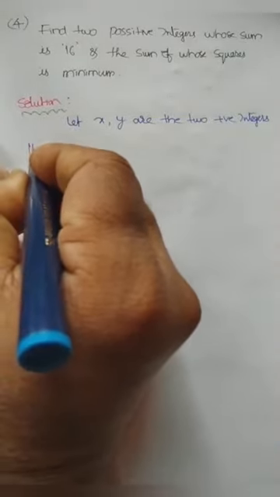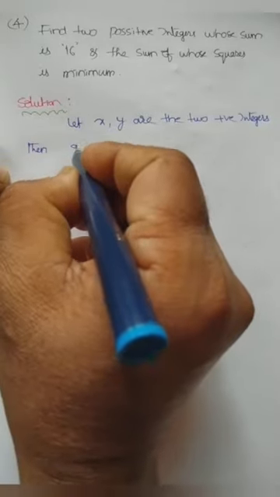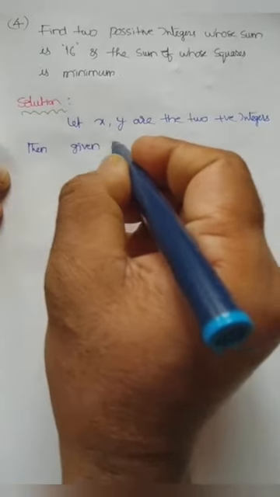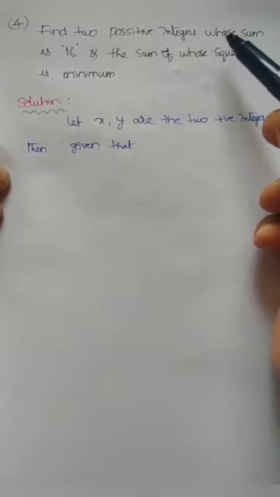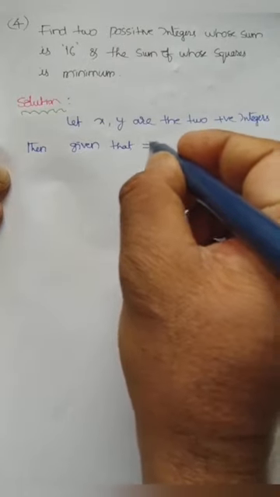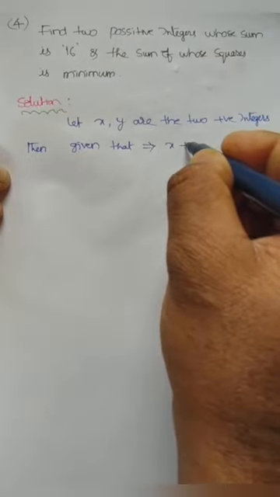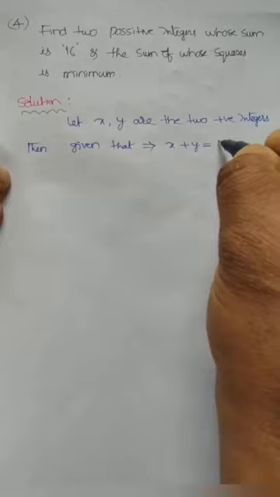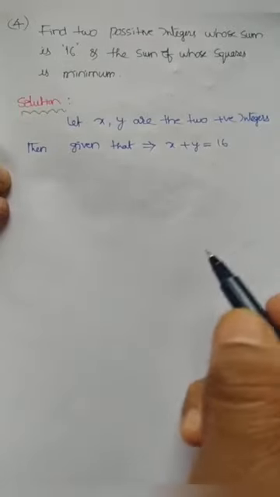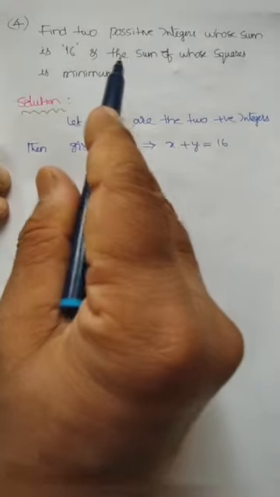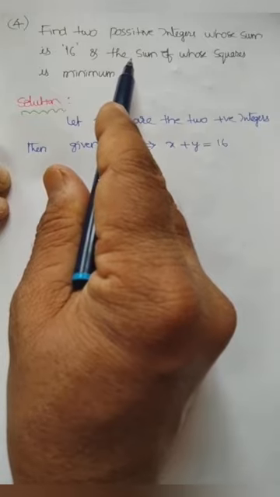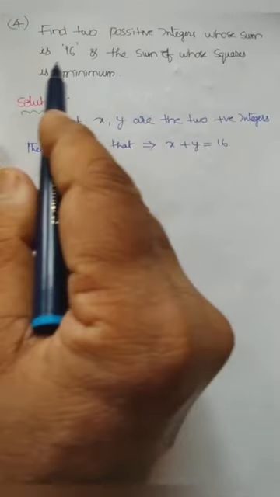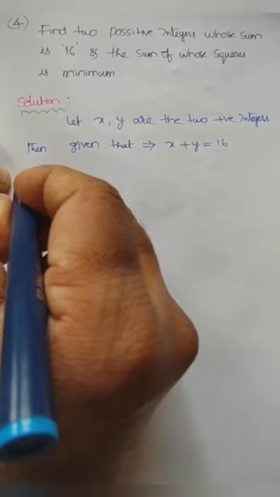Then given that the sum is 16, it implies the sum of the two positive integers, x plus y, is equal to 16, as given, and about the function he had given, the sum of whose squares is minimum.